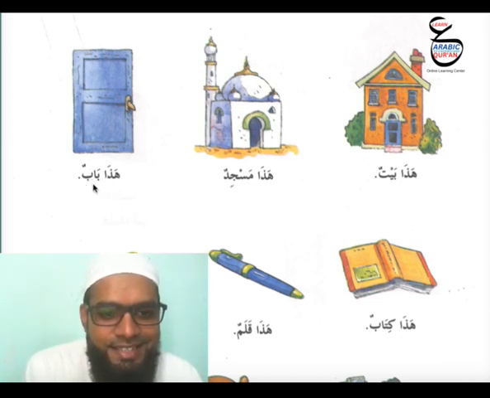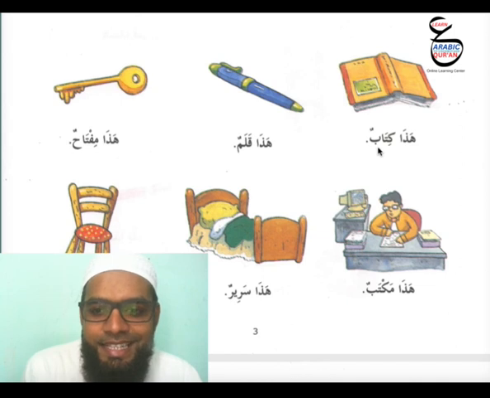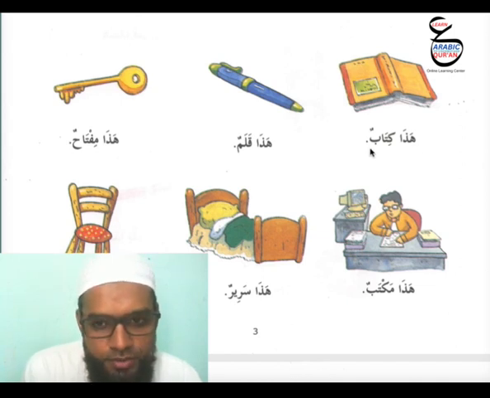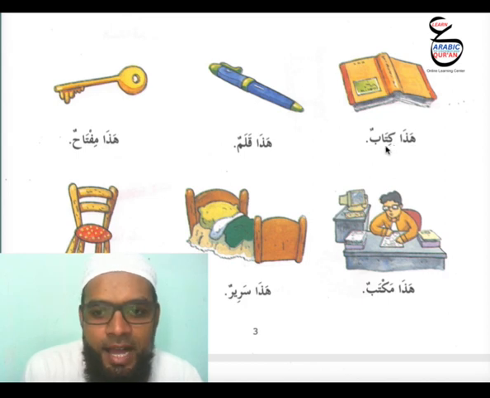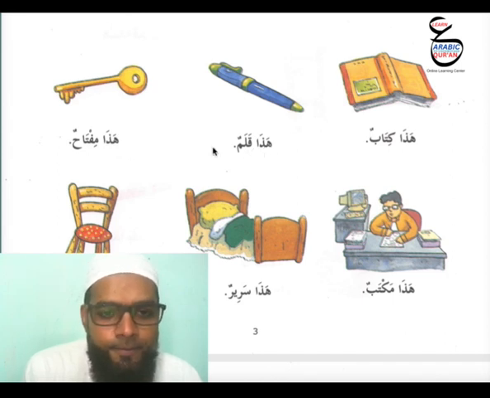This is a door. Hada kitâbu-n. This is a book. Hada qalamun. This is a pen. Hada miftahun.